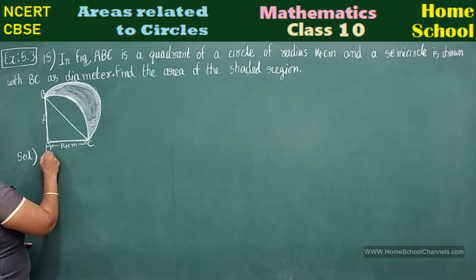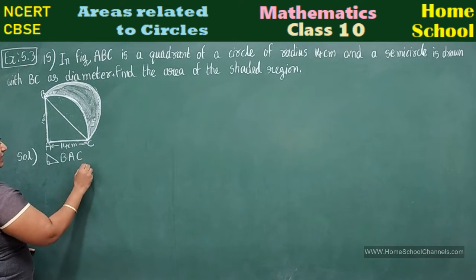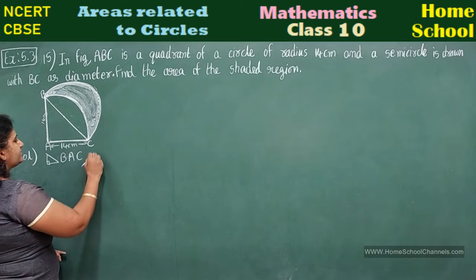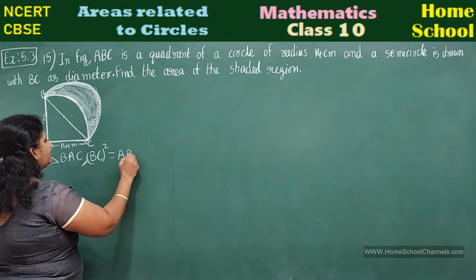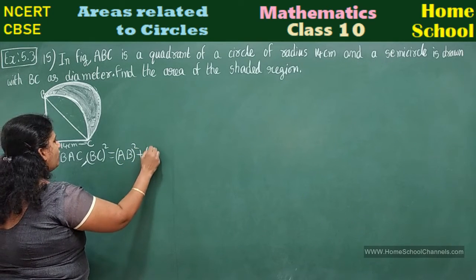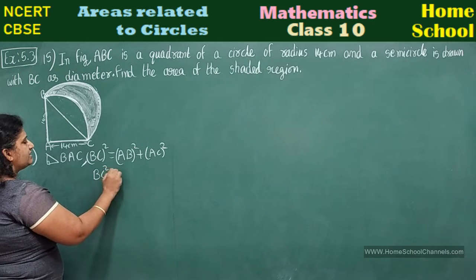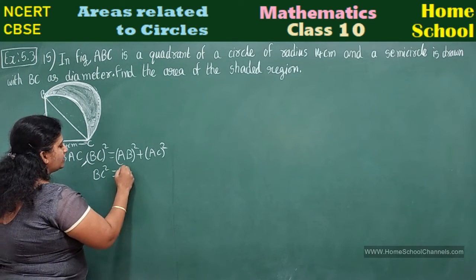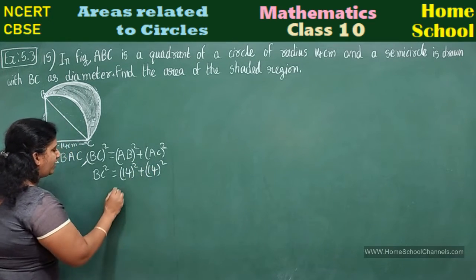Next, I go with the right triangle BAC. By applying the Pythagoras theorem, the hypotenuse square is equal to the sum of the squares of the other two sides. That is, BC square is equal to AB, 14 whole square, plus AC, 14 whole square.